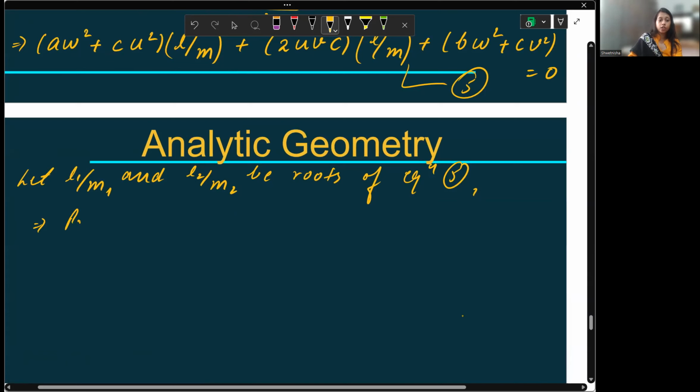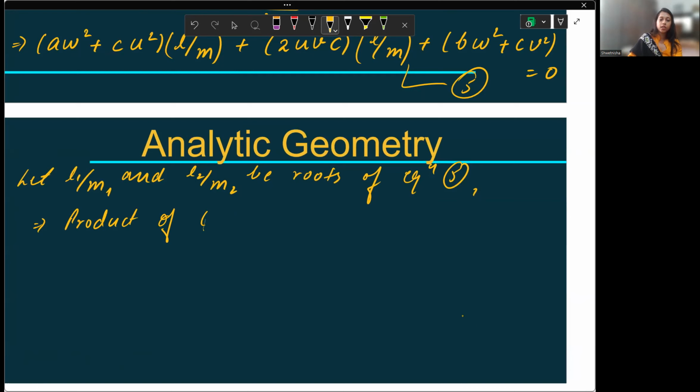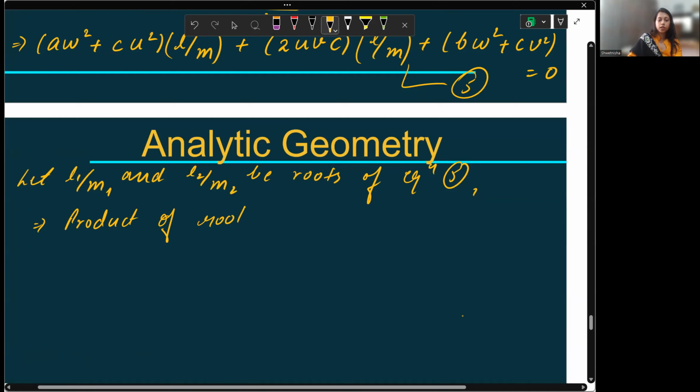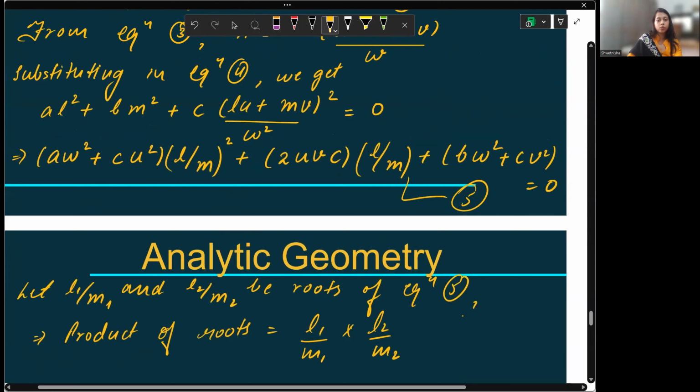It implies the product of roots is equal to L1 by M1 multiplied by L2 by M2. Let's use the formula. What is the product of roots? C by A. C means the constant, which is this.